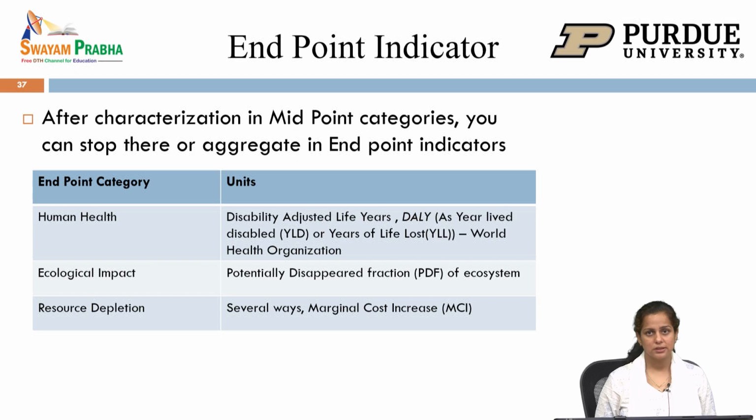The second one is the ecological impact, which is given in terms of potentially disappeared fraction of ecosystem. That is self-explanatory: it is talking about how we are damaging the ecosystem, the ecological impact in terms of vanishing of the ecosystems. And then we have resource depletion, which has multiple ways, but one of the ways is the marginal cost increase of extraction, and we will see these endpoint indicators.